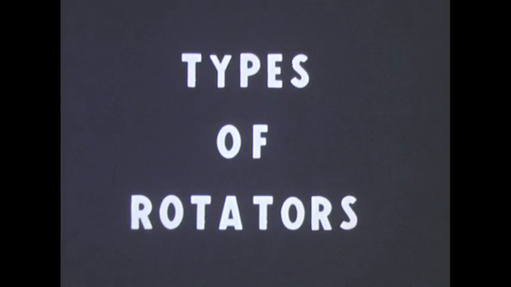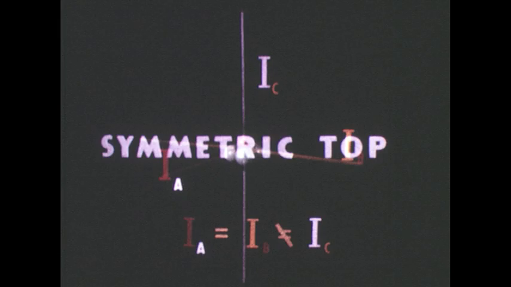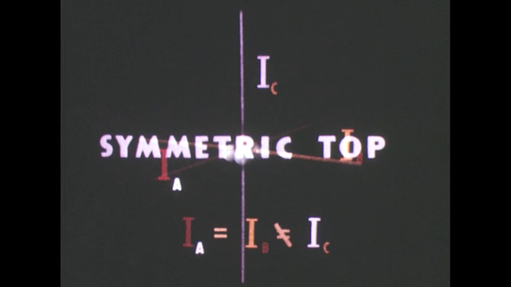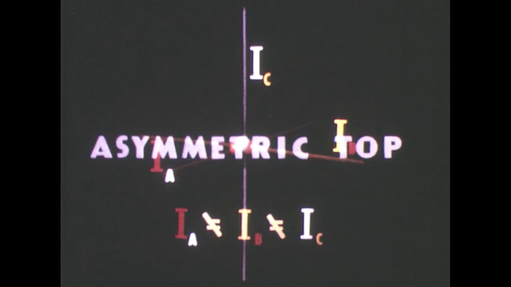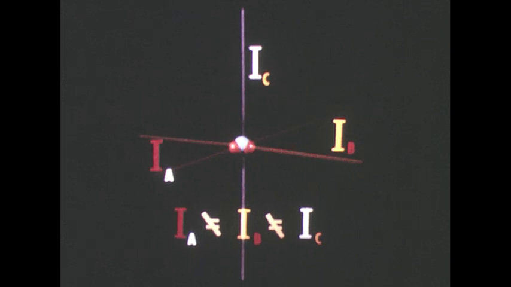Using moments of inertia, molecules are classified as rotators into four types. Symmetric tops, such as the chloroform molecule, where I sub A equals I sub B does not equal I sub C. Asymmetric tops, such as the water molecule, where the three moments of inertia are unequal.